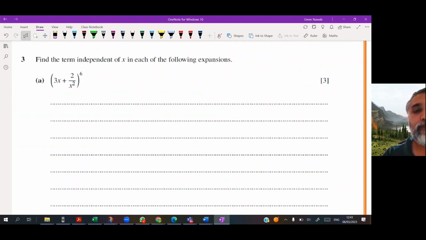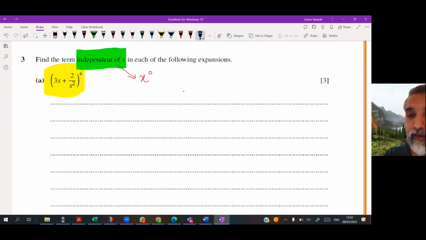Question number 3. He said, find the term independent of x. Independent of x tells you a term which has no x. A term which has no x means it must have x power 0. Right? Apply the technique which I have taught you. What is your u? What is your v? What is your n? Let me copy here. 3x plus 2.